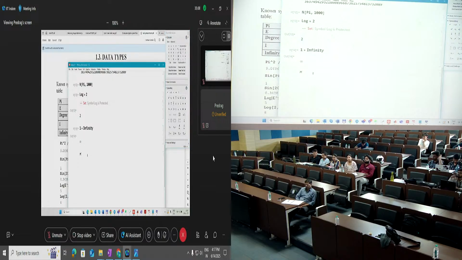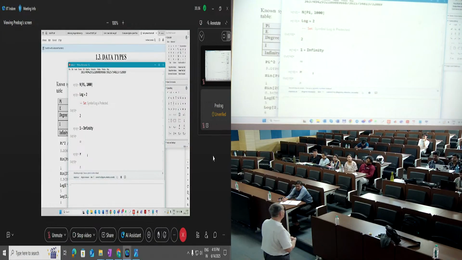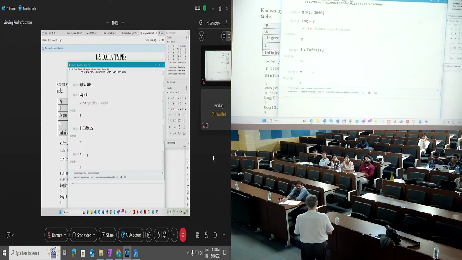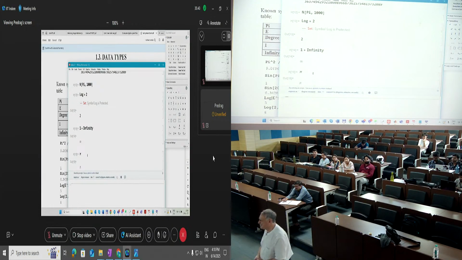If I press Shift Enter, what will I obtain? We had such a situation. What was log of 2? Log of 2. But when we force Mathematica to evaluate it, it will be, I think, the same pi. Of course, I know it is pi, and we will see later. And if we say evaluate, please, with the wanted number of decimal digits, Mathematica will evaluate.